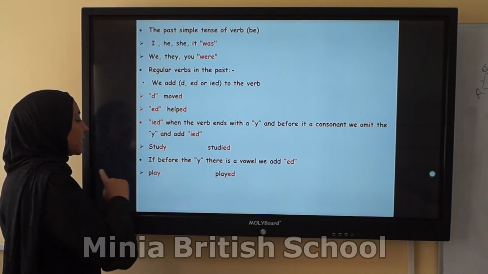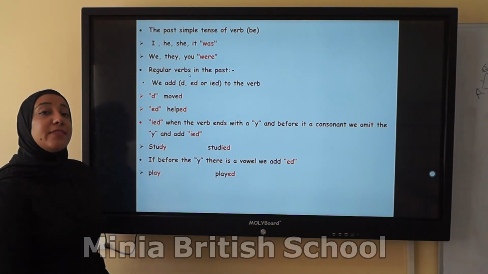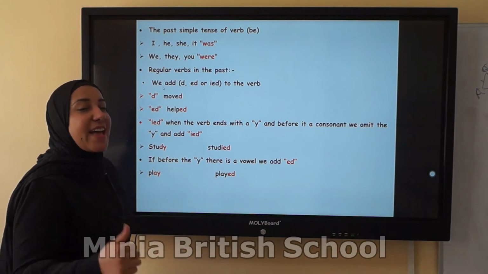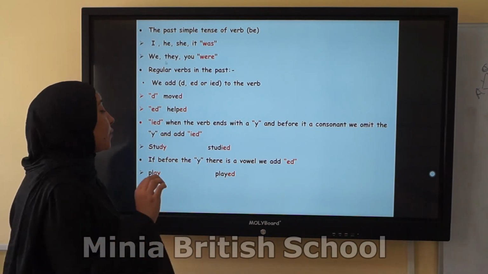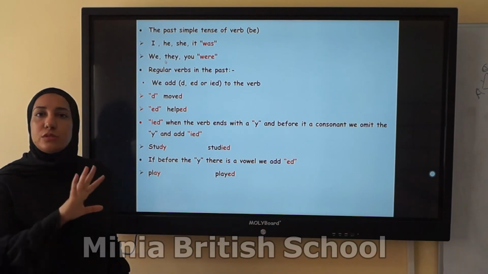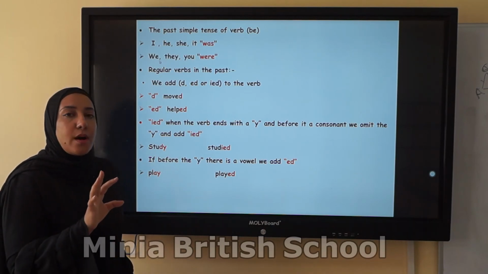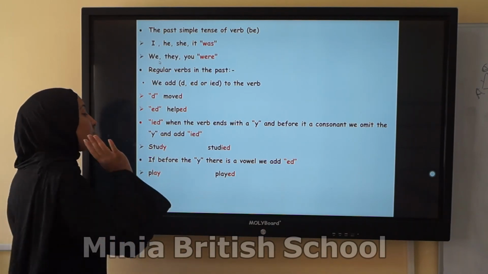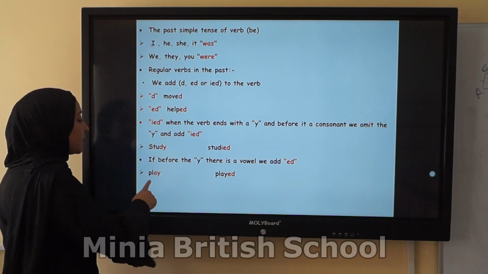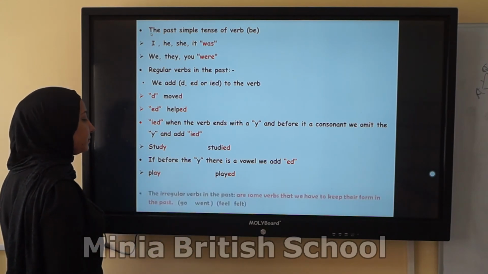Like what? Play. What's before the Y at the end of play? Excellent. The vowel A. When there is a vowel, we don't omit or drop the Y. We keep it and we add ed, like play, played.